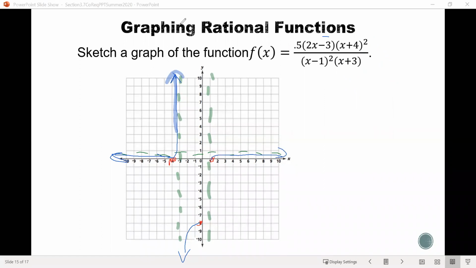And then because the term related to that intercept, 2x minus 3, is raised to the first power, from what we know about polynomials, that means that the graph will cut straight through that, which means it's going to come down and go along the vertical asymptote like that, which will then help us figure out what goes on the other side.